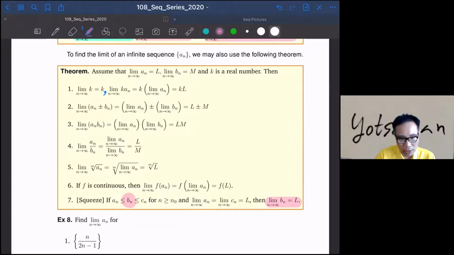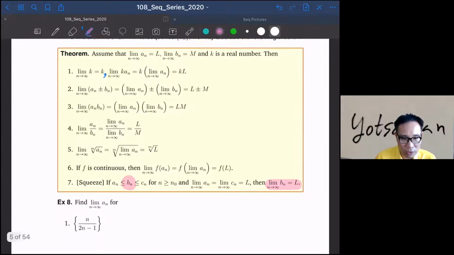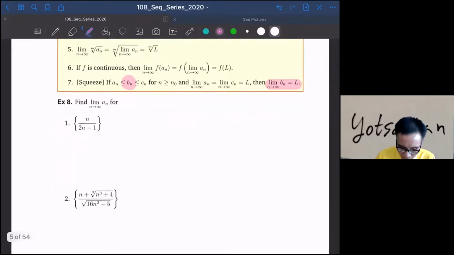This is the one that we had before in calculus one as well, and I'm going to review this one later. And you will also be able to use L'Hopital's rule in order to compute the limit.